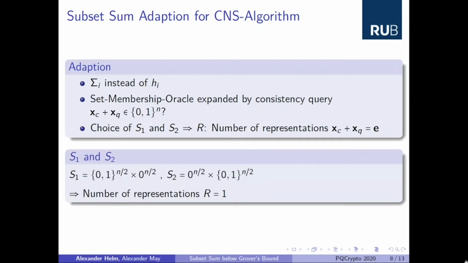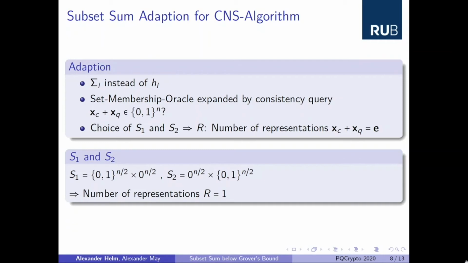Here S1 contains every bit string which ends with n-half zeros, and S2 contains every string which starts with n-half zeros. Then for a unique solution E, there exists only one representation, and so only one consistent collision. So this is not really a good example for choosing S1 and S2.